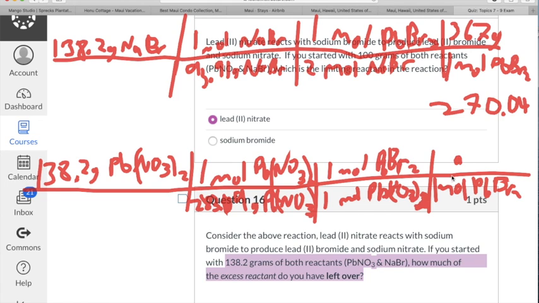And we got to figure out how many grams that's going to be, which we have conveniently written down right there as well, 367.